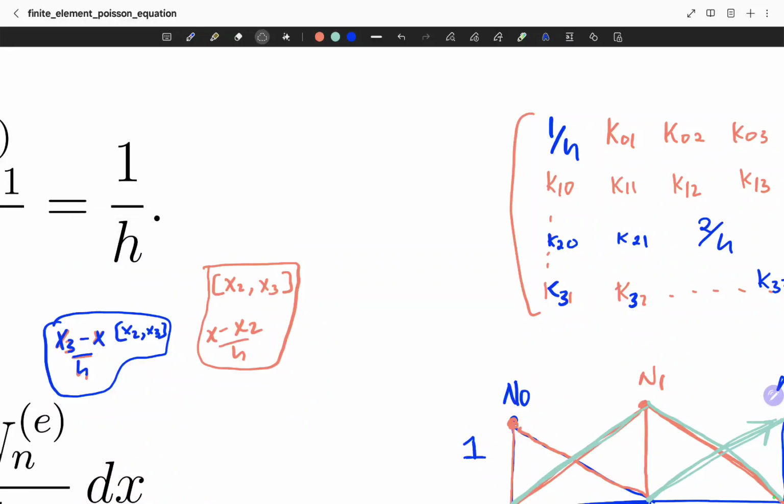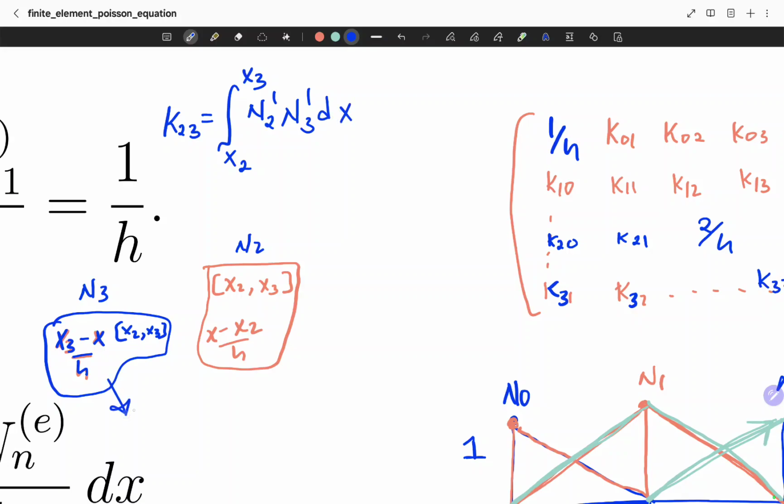Now, sorry, this is for n3, this is for n2. So k23 would be integral from x2 to x3, n2 prime, n3 prime dx.